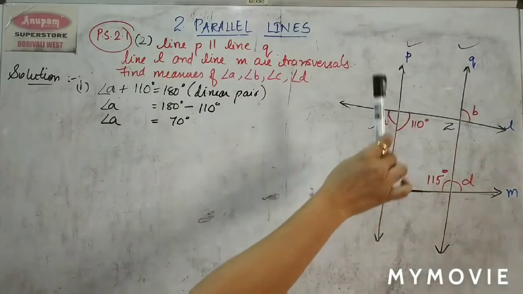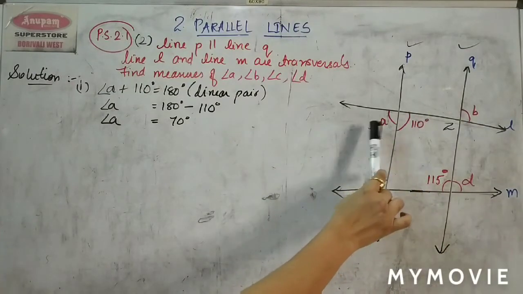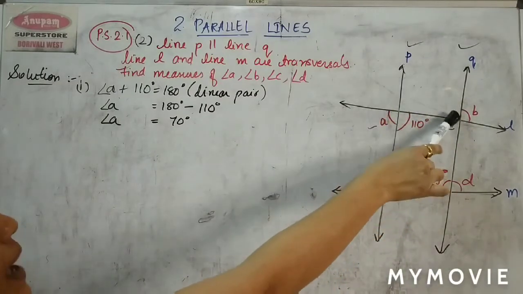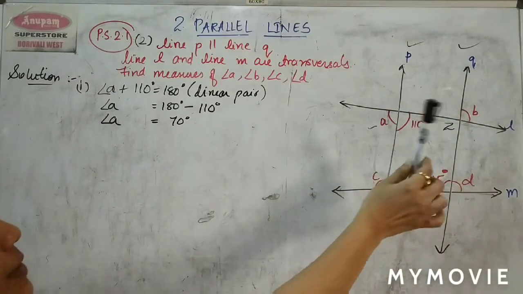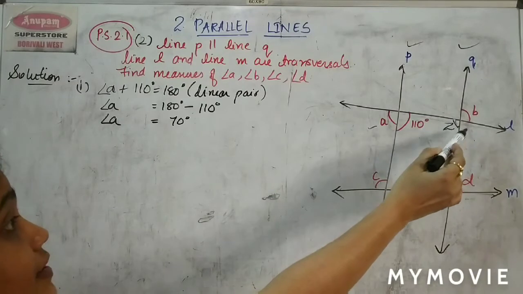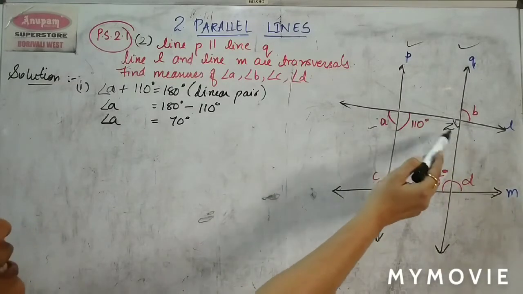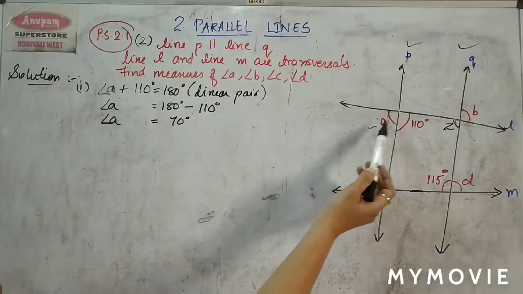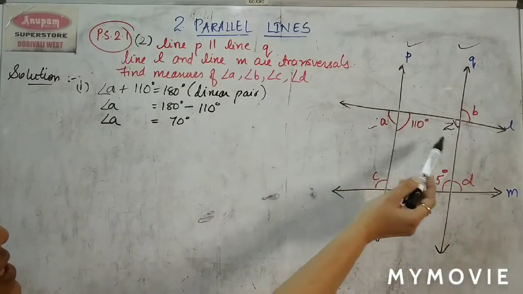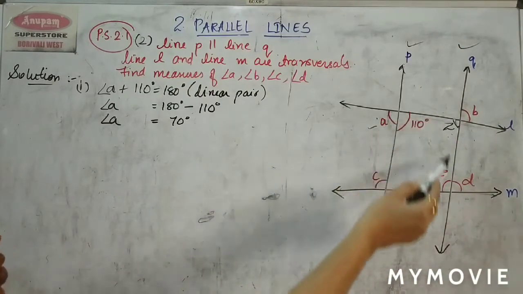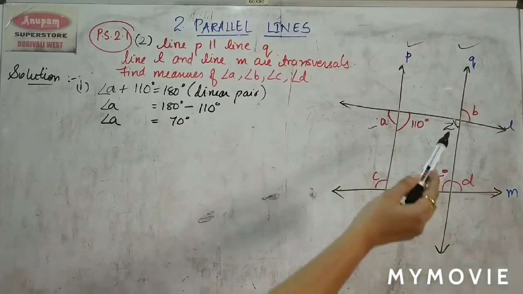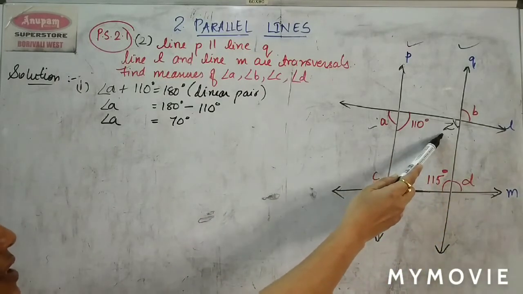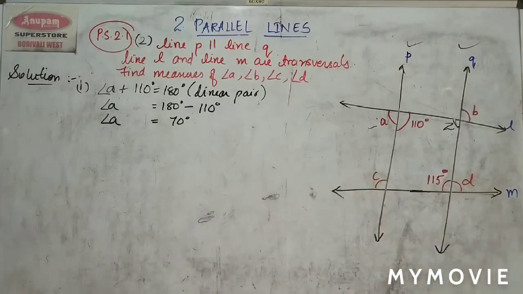Angle Z is congruent to angle A. That I will show because these are the parallel lines and these two angles are being formed on the parallel line. So I can show that these two are the corresponding angles. So therefore I can say that if A is 70, this will also be 70 because these are the corresponding angles formed on the parallel lines. And then once I get this, angle Z is going to be equal to angle B because it is a vertically opposite angle. So in this way we will get our angle B.